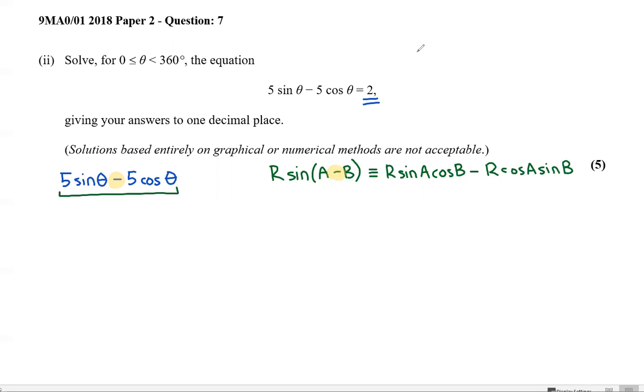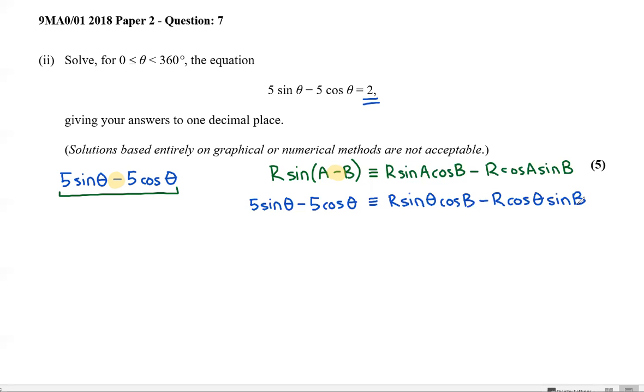If we set this up, we're going to have 5 sine theta subtract 5 cos theta is identical to r, and I'm going to put a is equal to theta, cos b subtract r cos theta sine b.